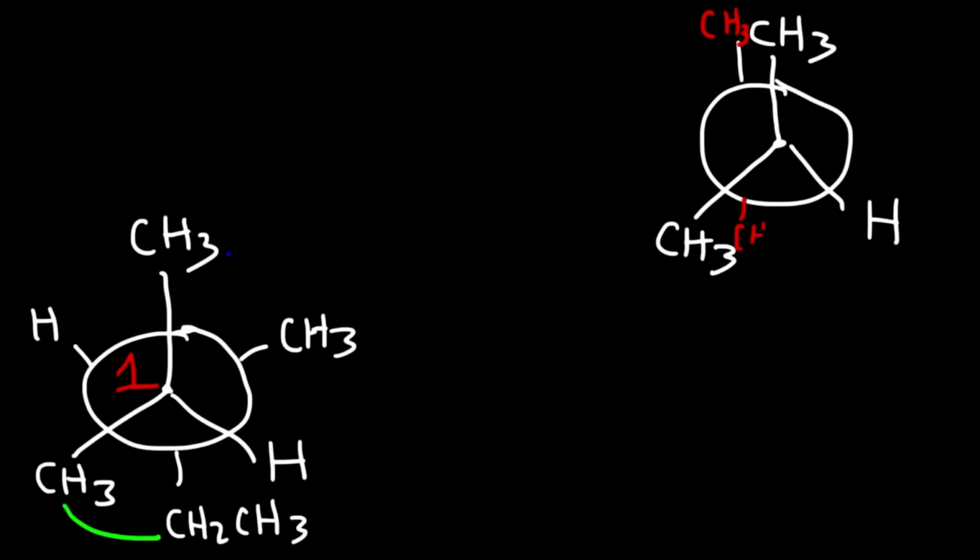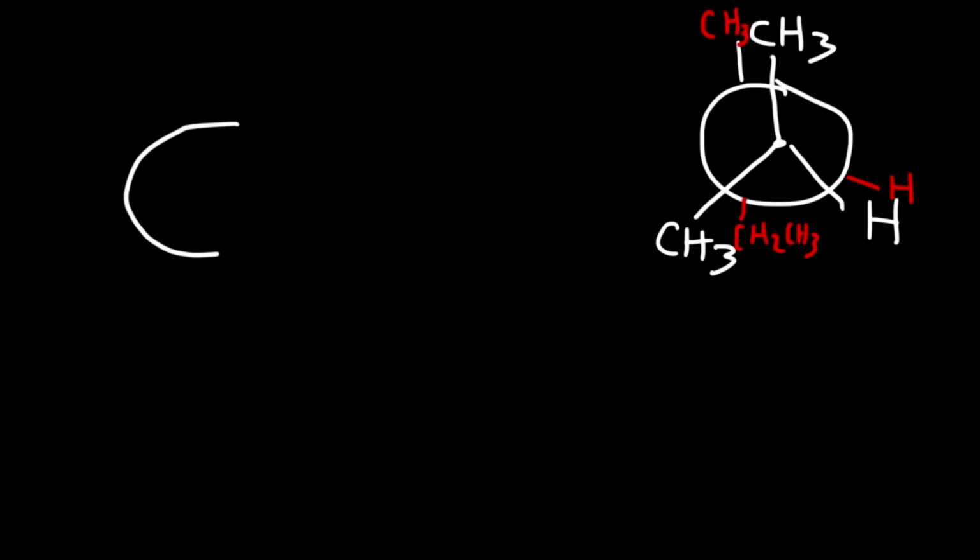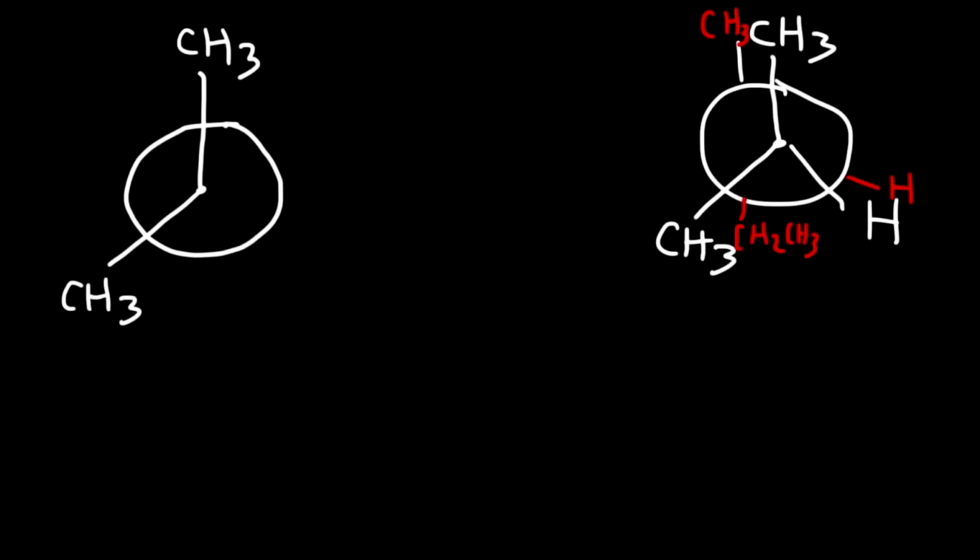Let's make this an ethyl group. And then this is going to be the other hydrogen. Now let's draw the next structure. So here we have an HH eclipse interaction. So now let's put a methyl group next to the hydrogen.